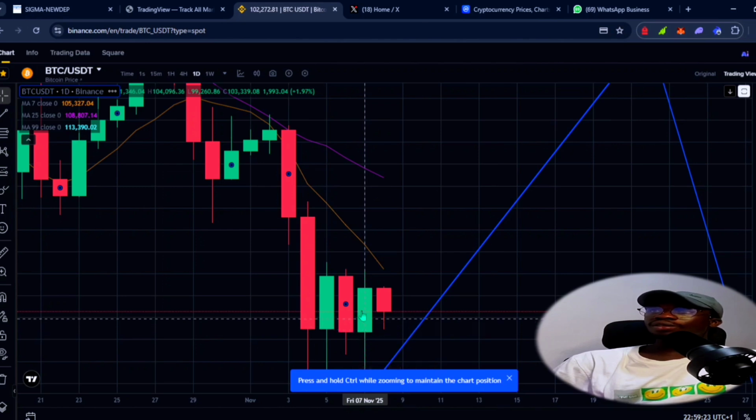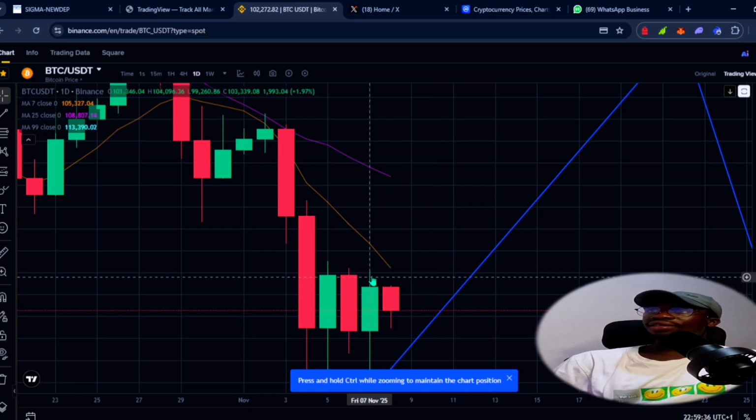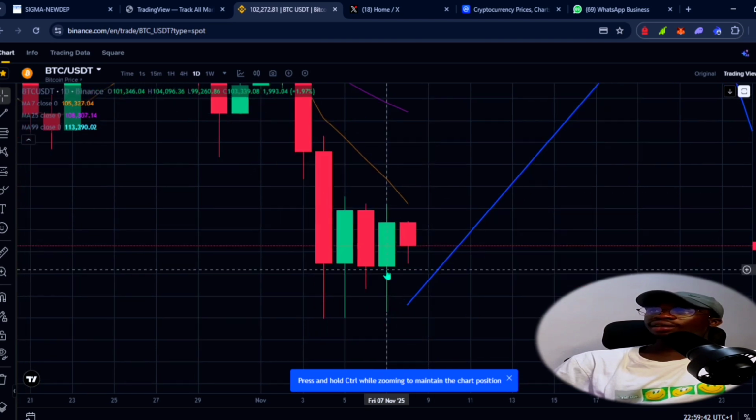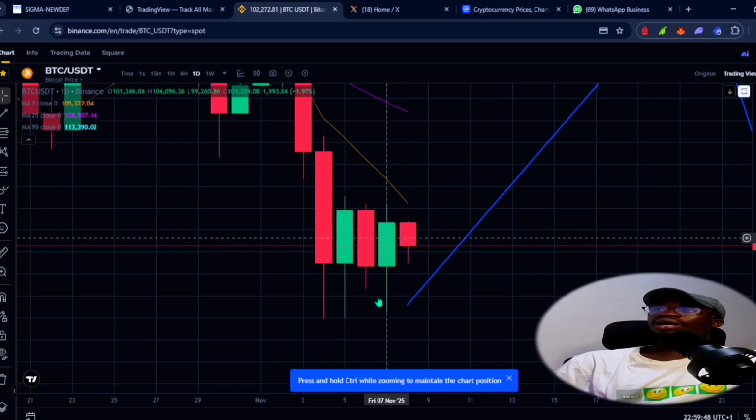Between this point and this point is what we know as the body, which is filled with green, right? If you look closely, you will notice a thin green line that goes upward to this level, and also a thin green line that comes down from this point to this point. That particular thin line is what we know as the wick.